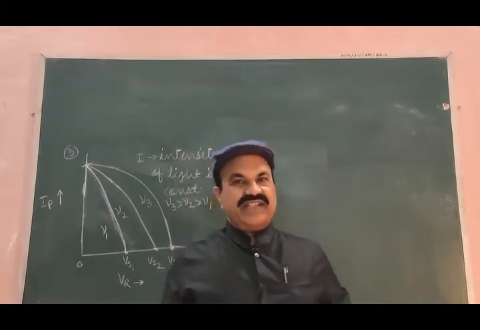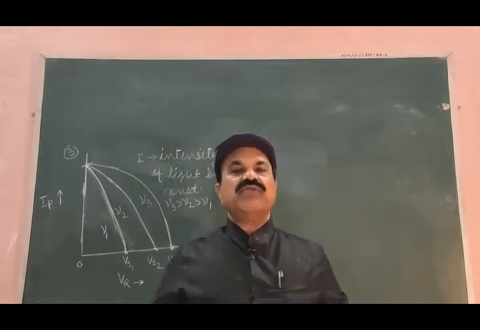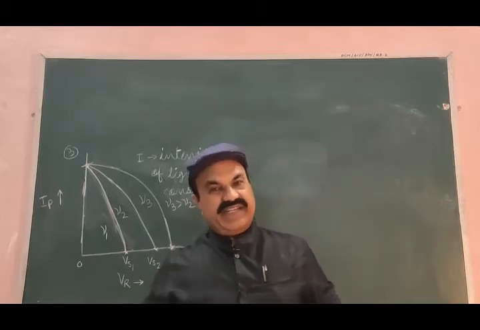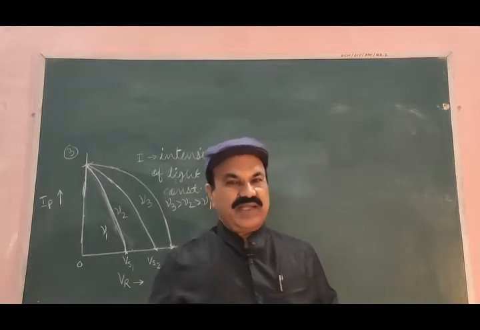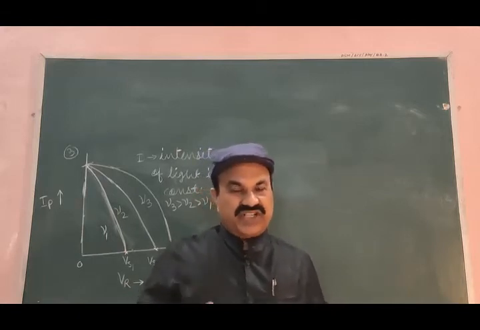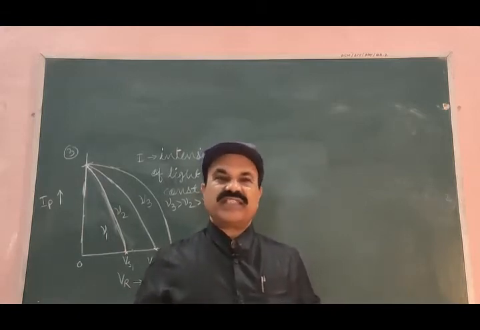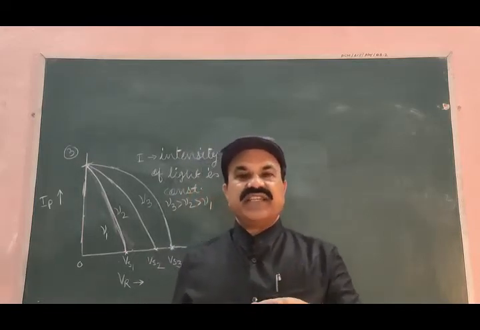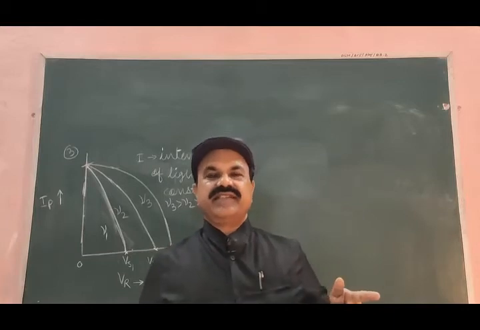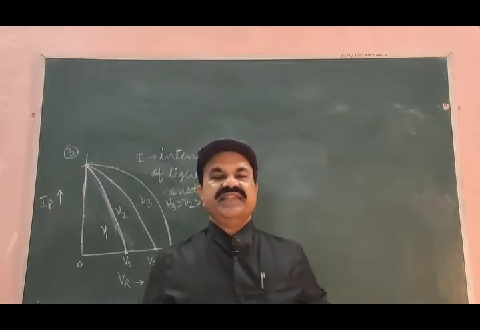What is decided by intensity? The number of photoelectrons emitted in the photoelectric effect will be decided by the intensity of light. But the average kinetic energy of photoelectrons is decided by the frequency, not by the intensity.